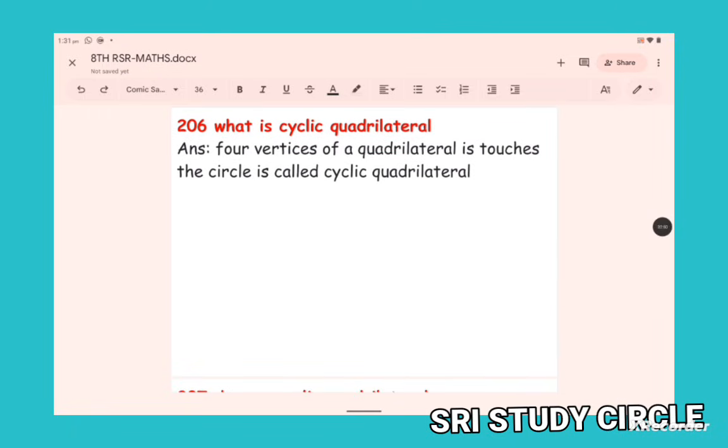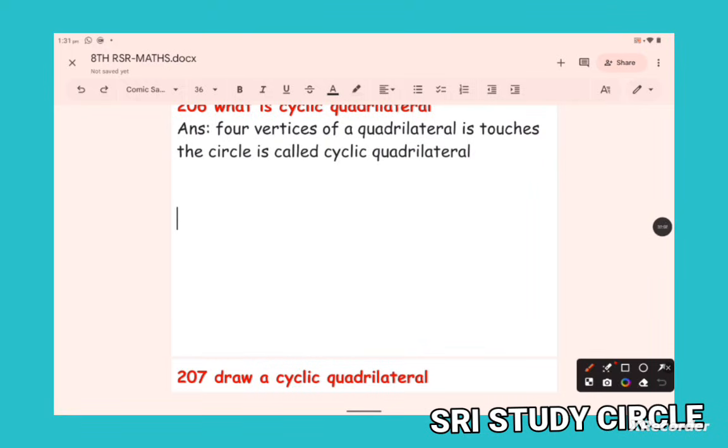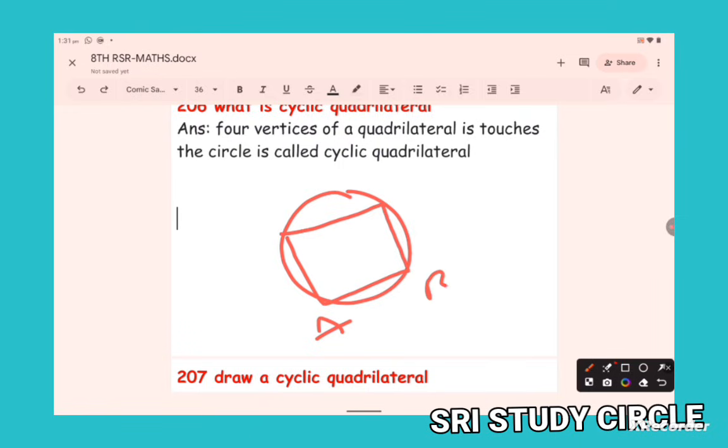What is a cyclic quadrilateral? When all four vertices of a quadrilateral lie on the same circle, it is called a cyclic quadrilateral. Suppose ABCD is a quadrilateral.